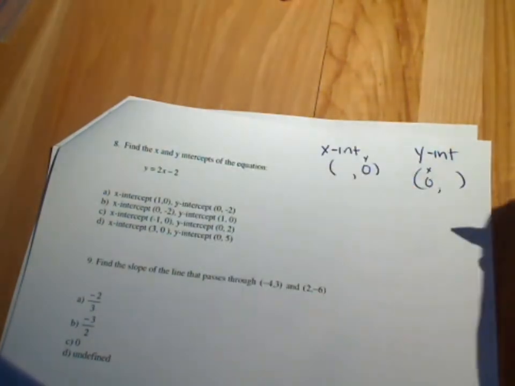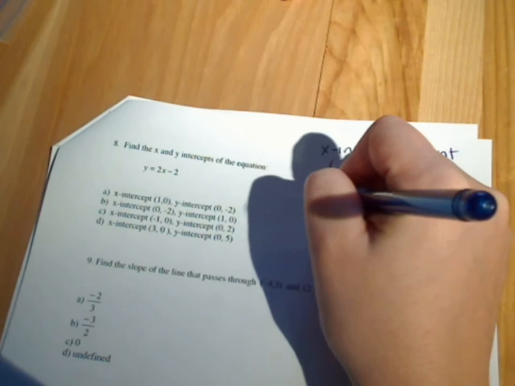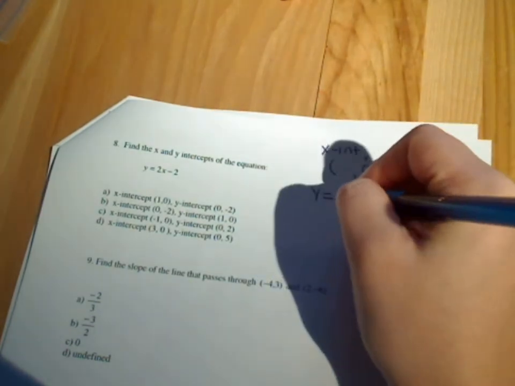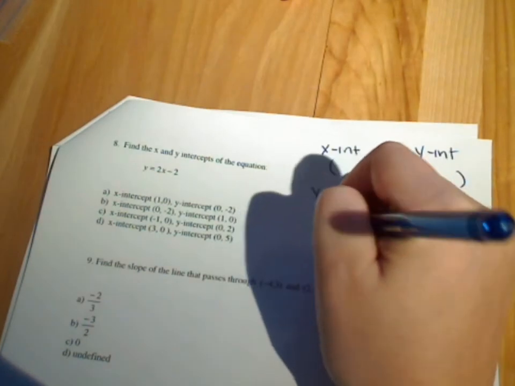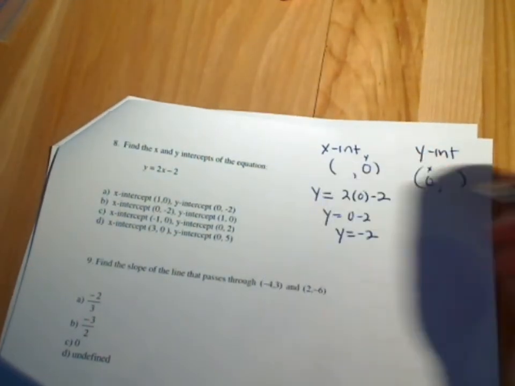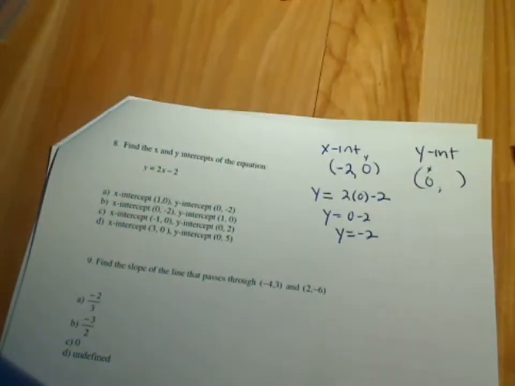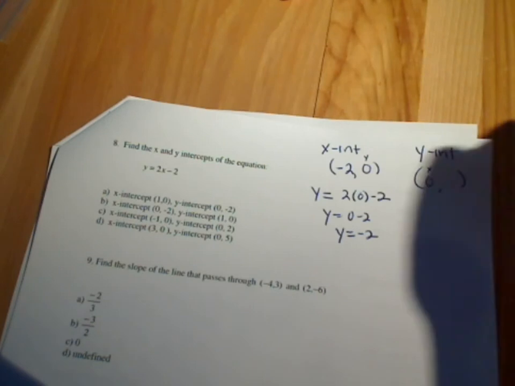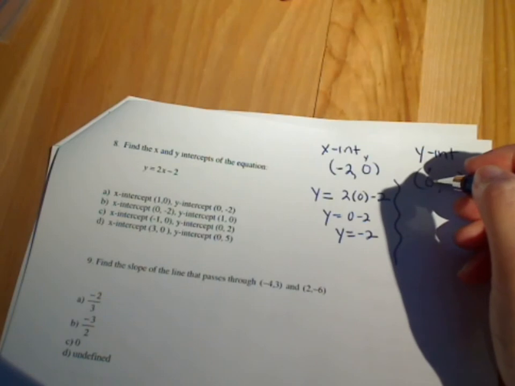So I'm going to take my equation and say Y equals 2 times 0 minus 2. Y equals 0 minus 2, so Y equals negative 2. So my X-intercept is negative 2 and 0.